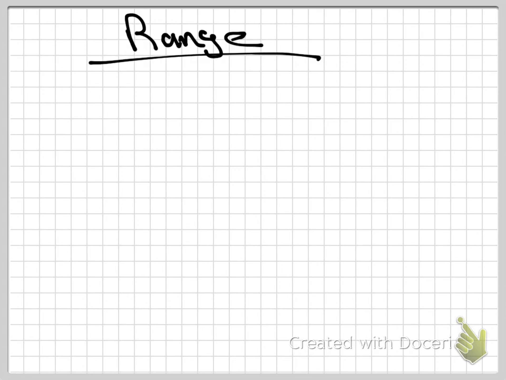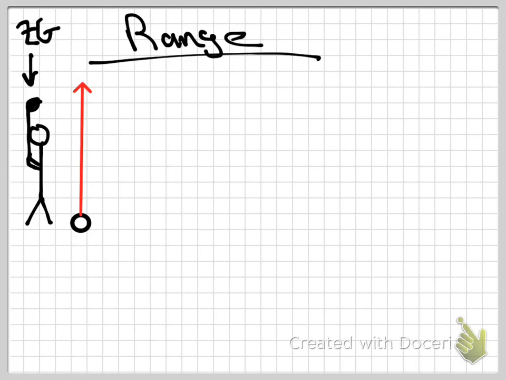So say we have our golf ball here, and we hit it directly upwards at 90 degrees. We give it no horizontal velocity. All right, here's our golfer, and give him a little club here. I'll call him Zach Lavin.